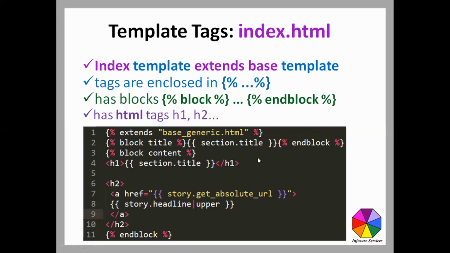It has a way to call a value, using double curly brackets, and I can point to some field, like story.headline. Here story is a context which I'm passing.